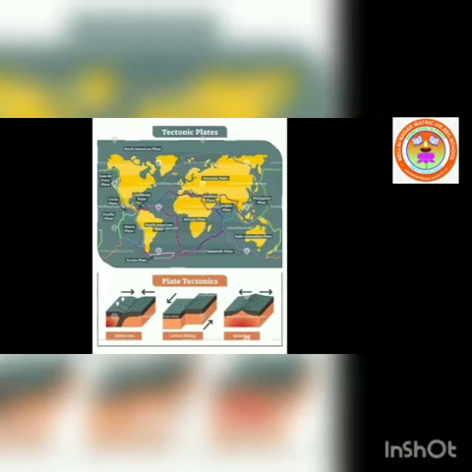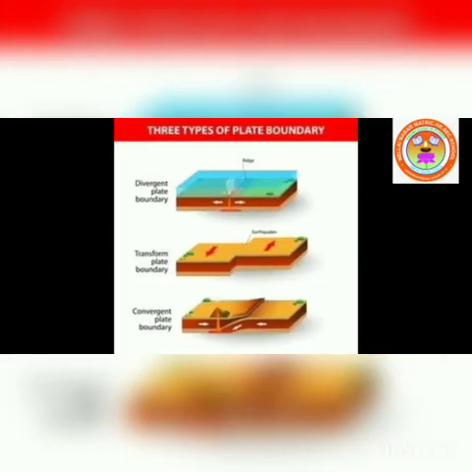The movement of tectonic plates is due to thermal energy from the mantle. Now we have a better understanding of plate movements and their relation to earthquake and volcanic activities. Okay, children?